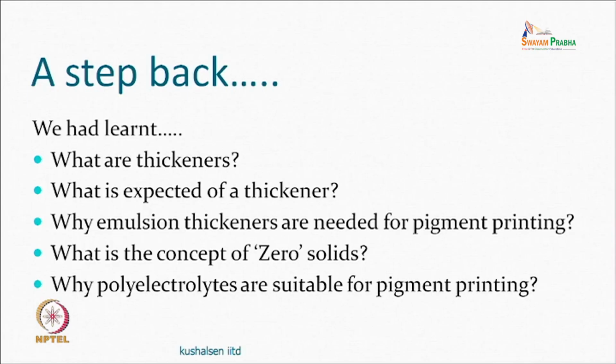In the last time we met, we understood what thickeners are and what is expected of a thickener, why emulsion thickeners are needed for pigment printing, what is the concept of zero solids, and why polyelectrolytes, which in a way are a special type of synthetic thickeners, are also suitable for pigment printing. This is what we learnt.